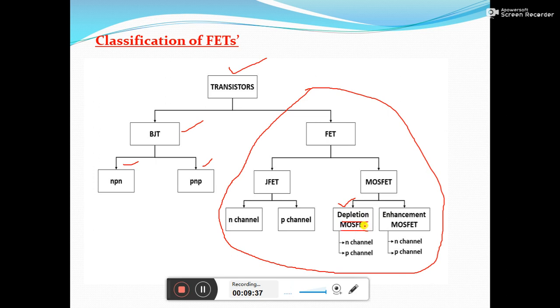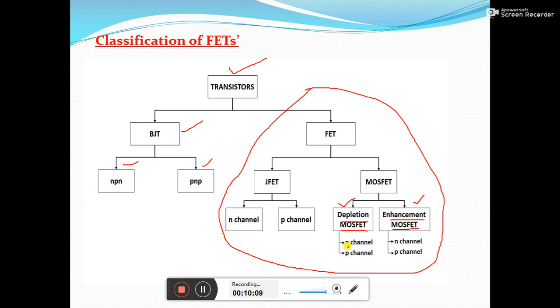In case of depletion type of MOSFET, the channel will be there during the construction. And in case of enhancement MOSFET, the channel won't be present during the construction, but later the channel will be formed during the operation.